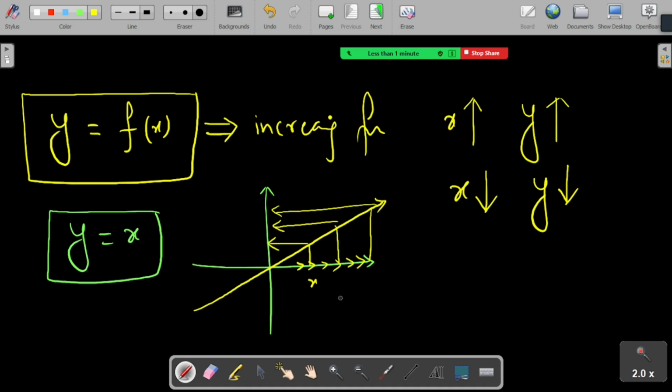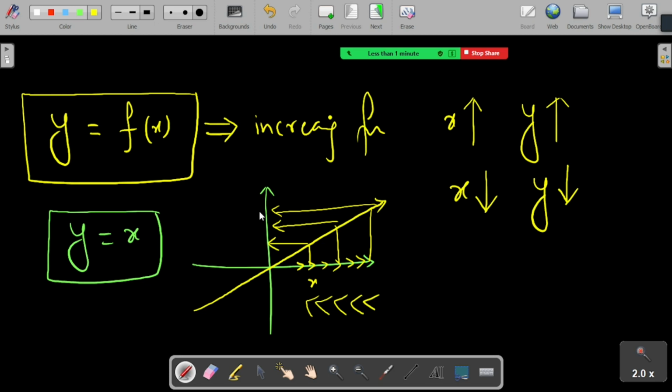If you are looking in the negative direction, in the reverse direction, you are seeing x decreasing, so y will also decrease. The graph is the same, it just depends on your view. Both cases belong to an increasing function.